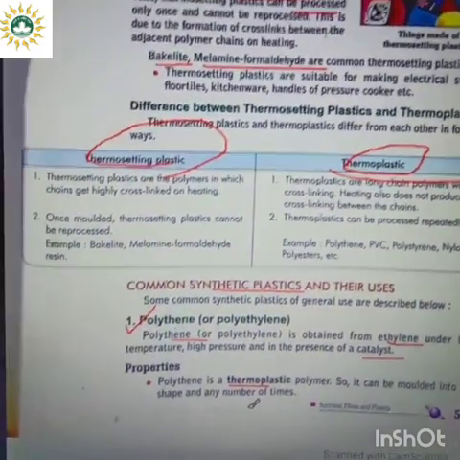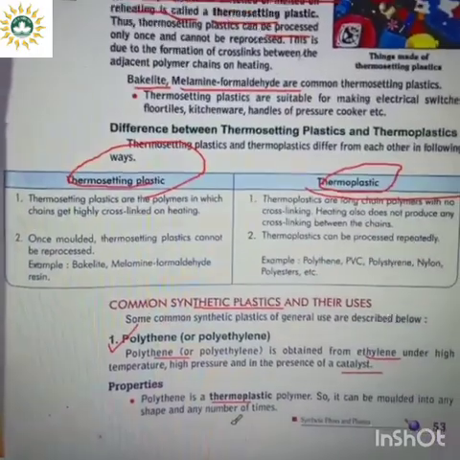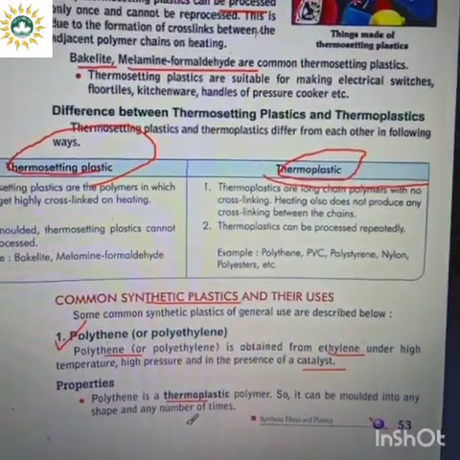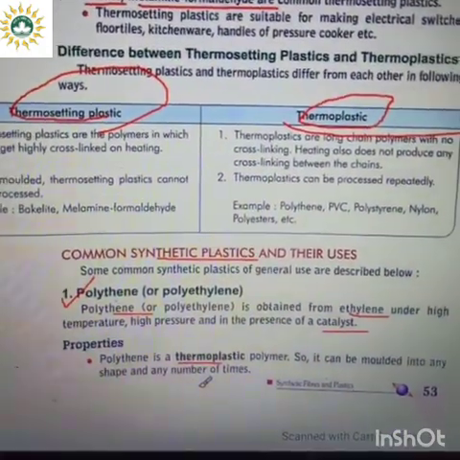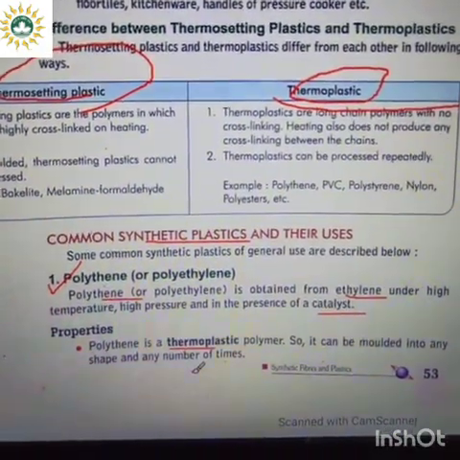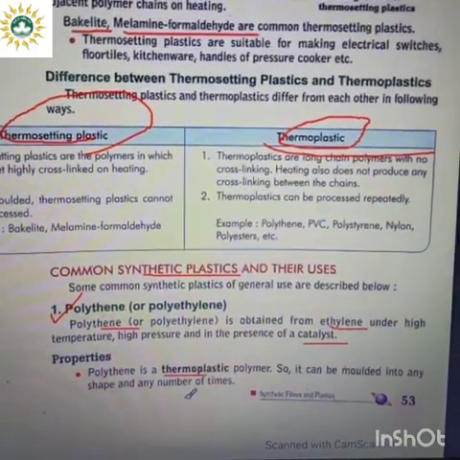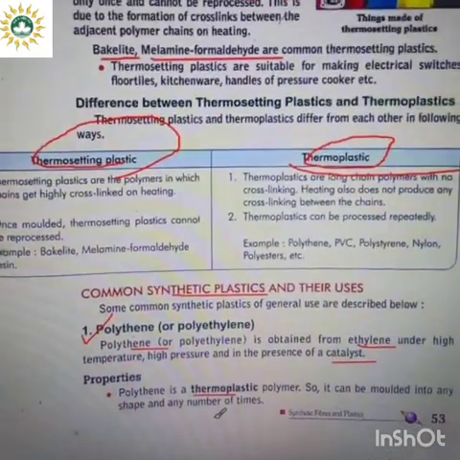Whenever the garbage van comes, we are supposed to submit the plastics in a different container, so that later on they can be molded into any other shape any number of times. In many countries these facilities are provided.